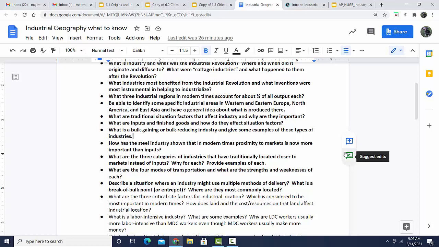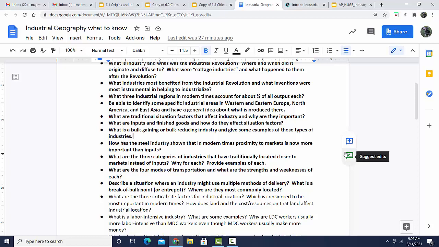And the reason for that is oftentimes you no longer need to be located as close to the resources, again, because transportation has increased and improved so much that the cost of transportation is significantly reduced. And so it oftentimes makes more sense to be located near labor sources. It oftentimes makes sense to want to get products into the markets as quickly as possible to allow for more efficiency, right?